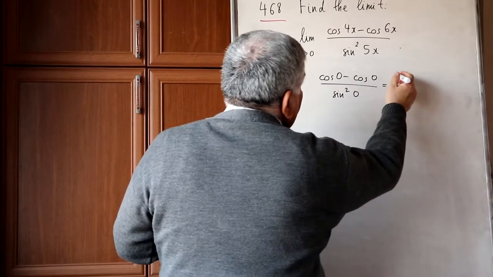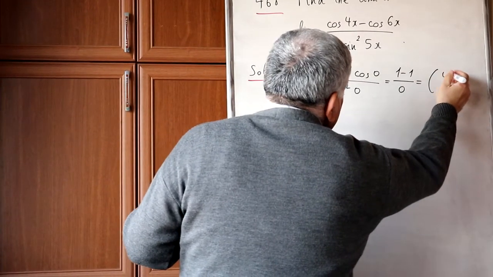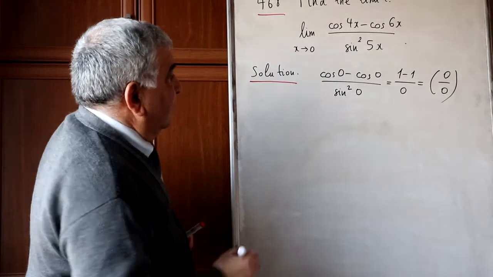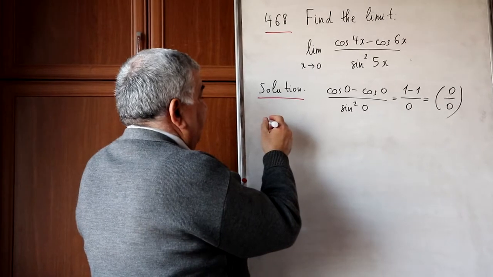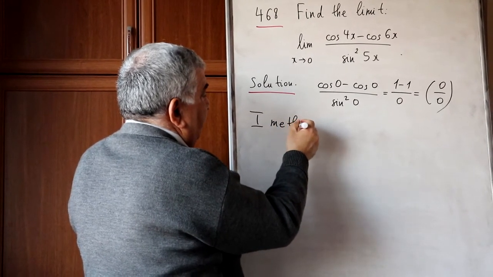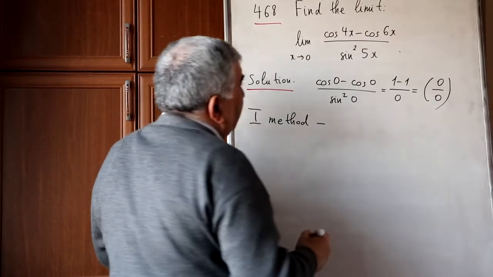Cosine of 0 is 1, minus 1, and sine of 0 is 0, and we obtain the indeterminate form of type 0 over 0. First, consider the first method of remarkable limits.